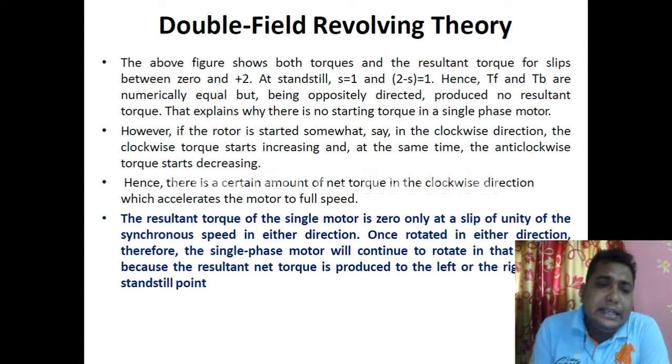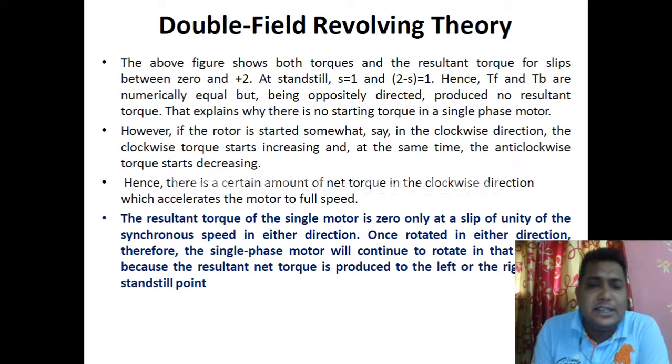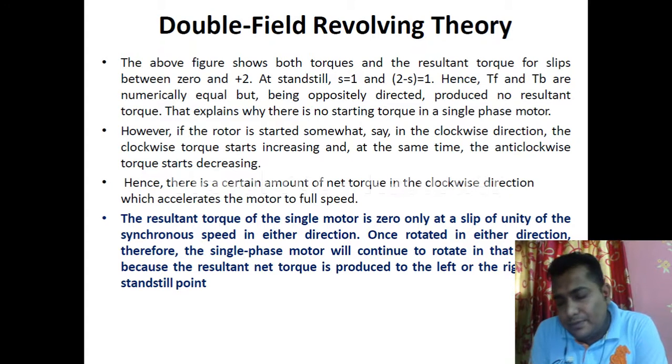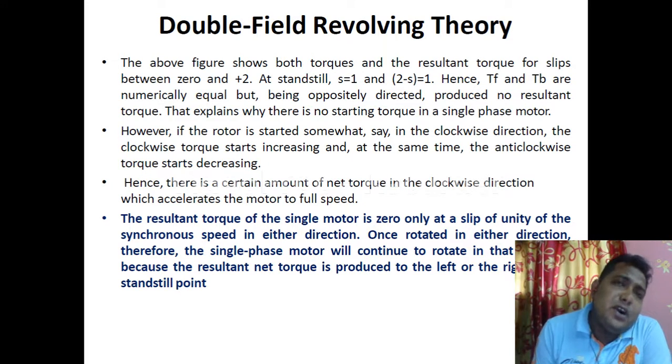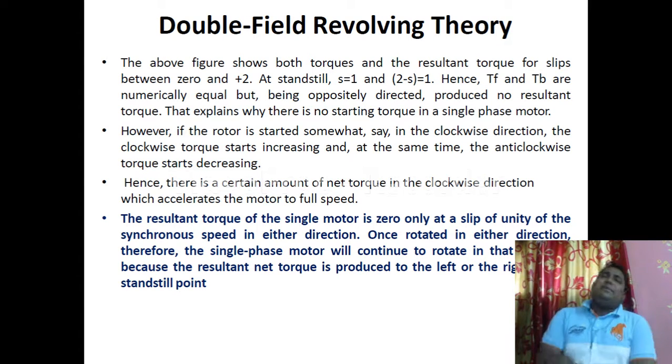Hence there is a certain amount of net torque in the clockwise direction which accelerates the motor to full speed. This is achieved by increasing any one of the torques, adding a capacitor, or using shaded poles. So different methods are there.